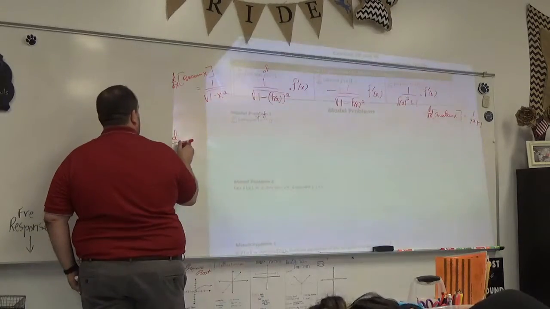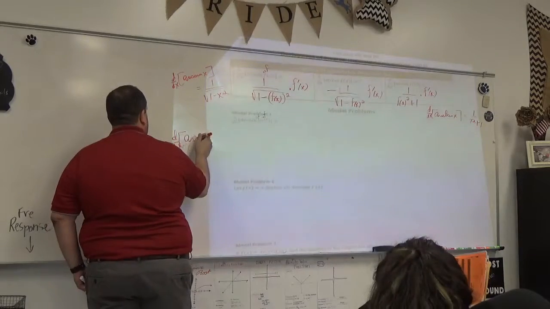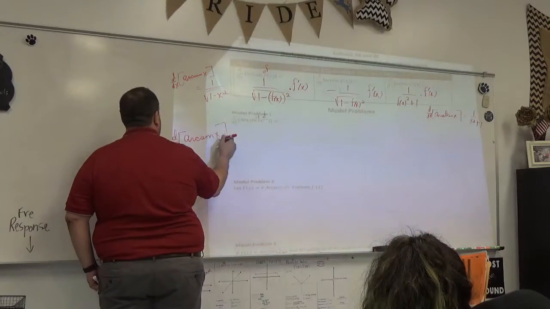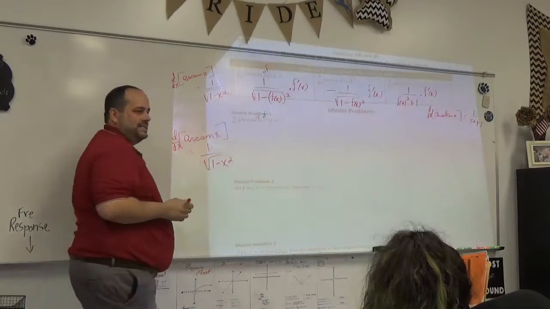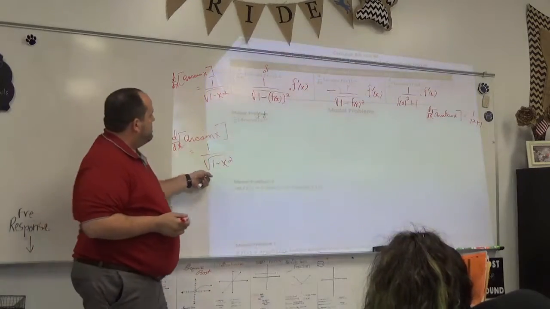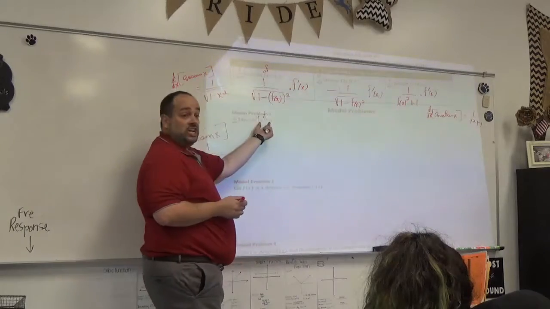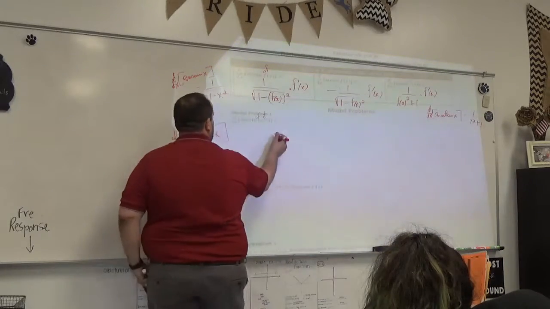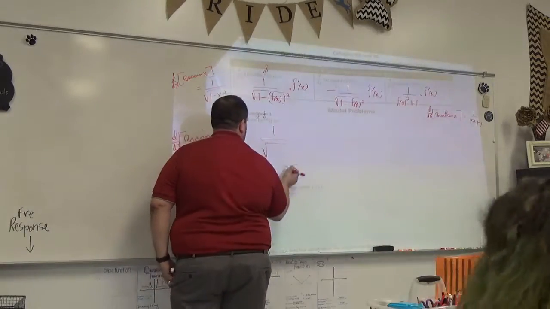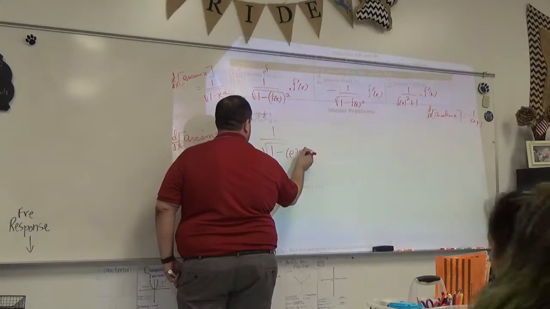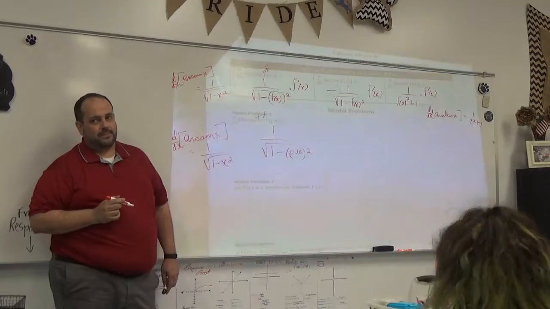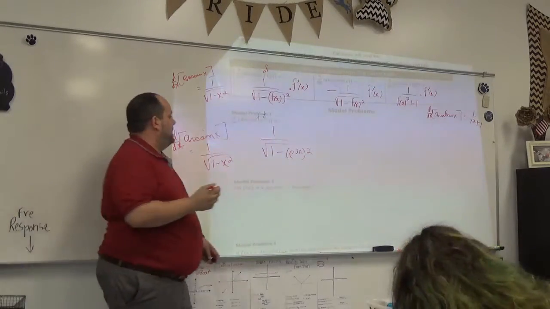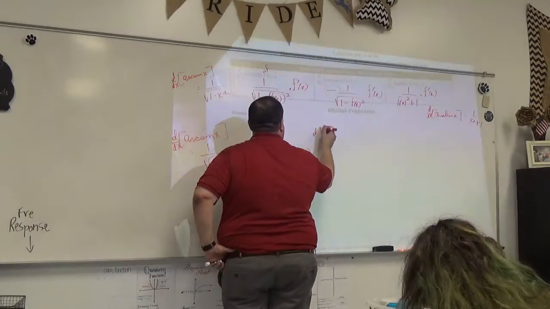Maybe, especially in the beginning, make a little note on the side. Okay, I know derivative of arc sine of x is 1 over the square root of 1 minus x squared. I know that one. But what's the derivative of arc sine of stuff? It's going to be 1 over square root 1 minus the stuff squared, times the derivative of the stuff.